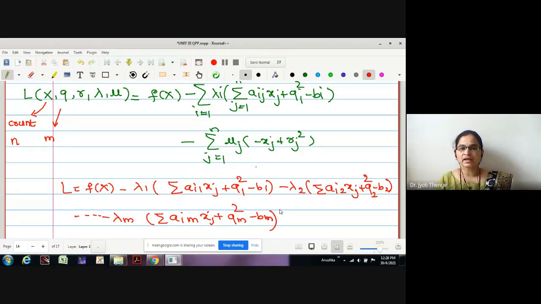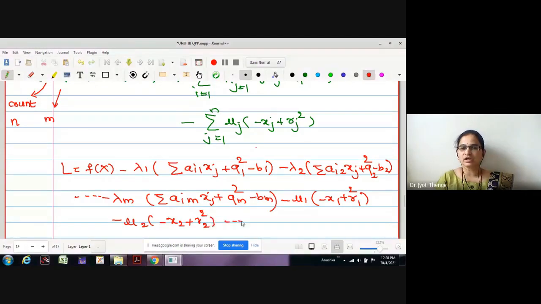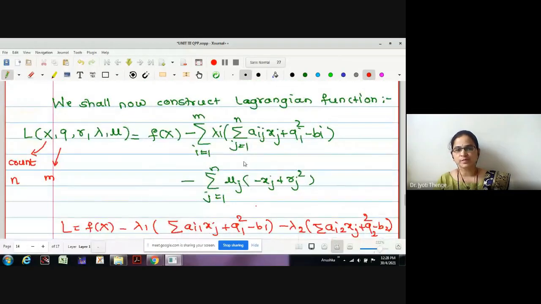Then we do this for the remaining constraints. For j equals 1, minus mu1 times minus x1 plus r1 square, minus mu2 times minus x2 plus r2 square, continuing up to minus mu n times minus xn plus rn square. This is the Lagrangian function written in summation form.